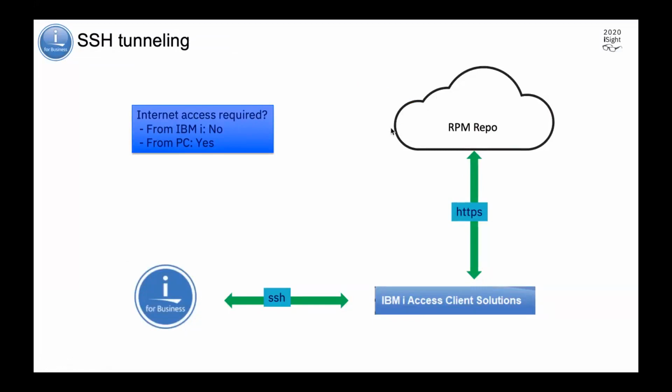Well, we've now provided a new feature called SSH tunneling, which allows you to use your PC as an SSH tunnel to the IBMi. So you can configure this such that you can run the open source tools on IBMi, and it'll leverage your PC to connect up to the IBM RPM repository, pull those files down through your PC and load them onto your IBMi, really simplifying that flow.